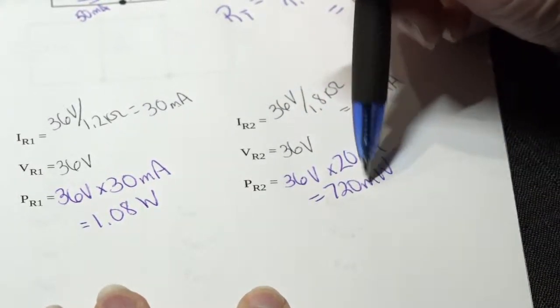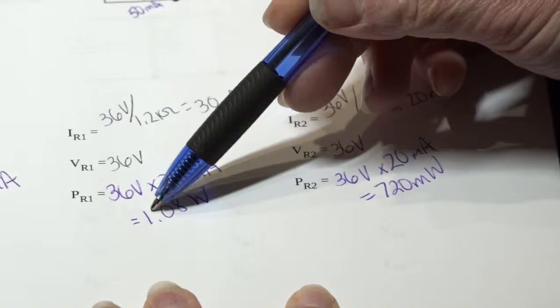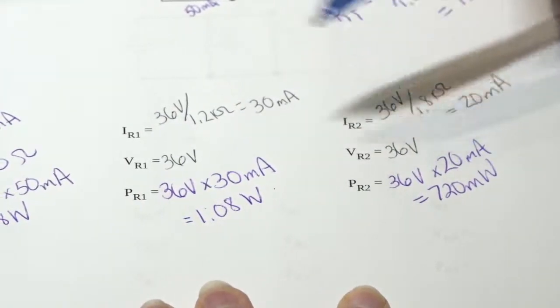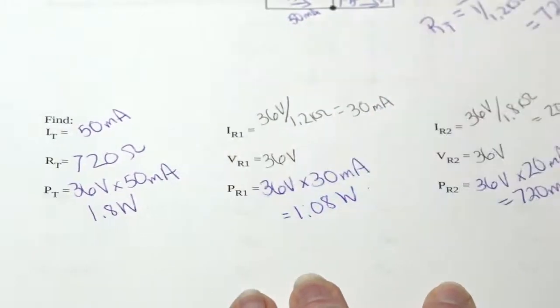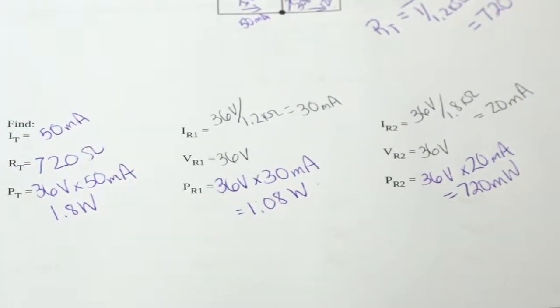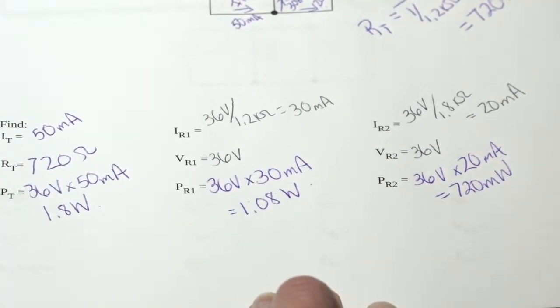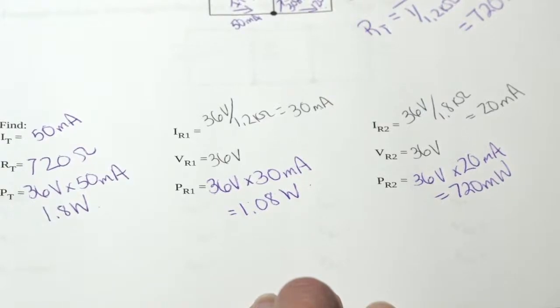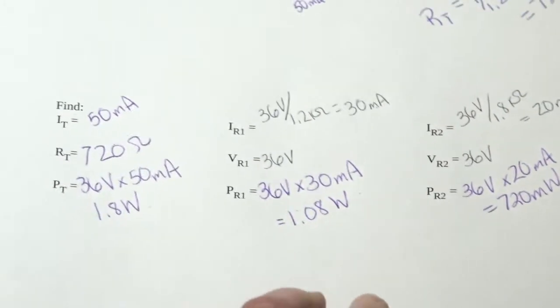And 720 milliwatts plus 1.08 watts adds up to 1.8 watts. Yay! Okay, so let's move on to circuit number 2.